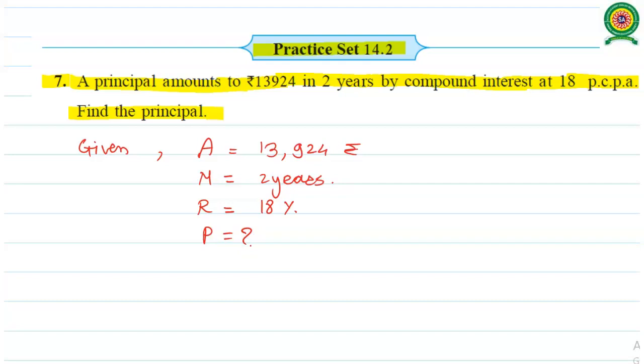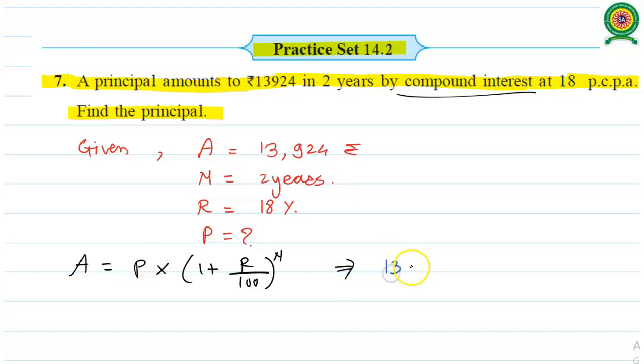Since it is compounded annually, we have the formula to evaluate the amount at the end of 2 years: A equals principal into 1 plus rate of interest divided by 100, whole to the power duration N. Once we replace all known values in the formula, we get 13,924 equals principal value P, which we have to evaluate, so keep P as it is, into 1 plus rate of interest 18 divided by 100, whole to the power 2.